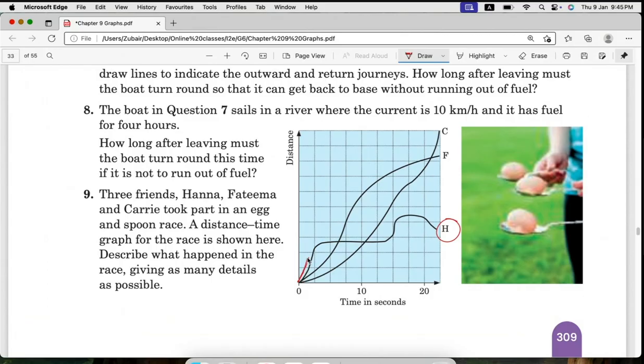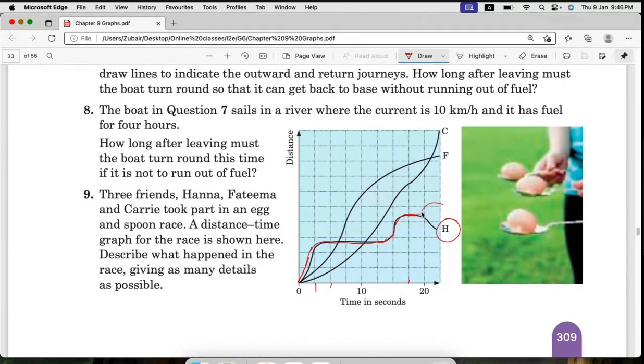So she's increasing speed, and then at 2.5 seconds, she eventually decreases speed and stops for the next 10 seconds. Then she again picks up speed, accelerates for the next 3 seconds, and increases the speed, and then eventually again decreasing the speed as the gradient is zero at time 17.5 seconds.